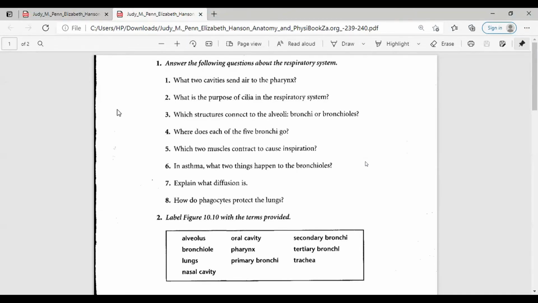Okay, next we have question number 5. Which 2 muscles contract to cause inspiration? Chu Quang Thắng. Hello, teacher. Question number 5 is for you. Which two muscles contract to cause inspiration? Do you still remember? Sorry, I'm not sure about that. Okay, just give me your answer, even though you're not sure.